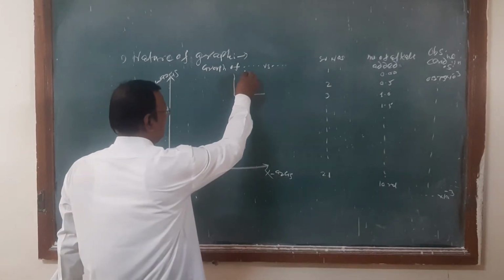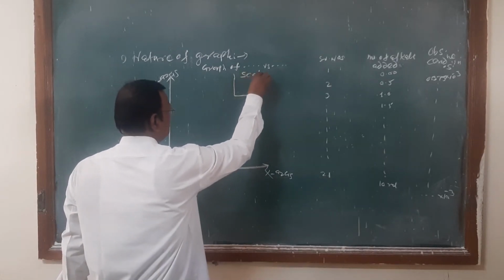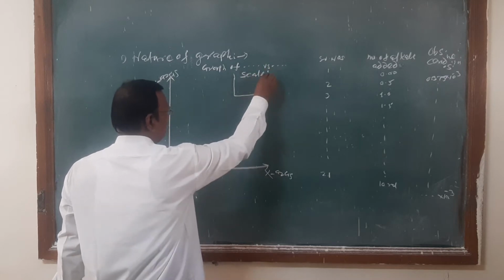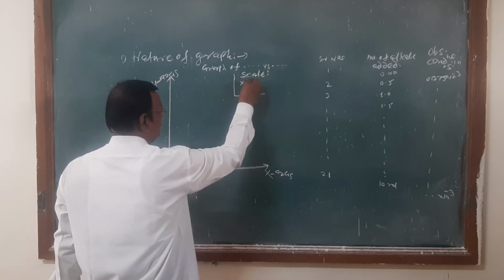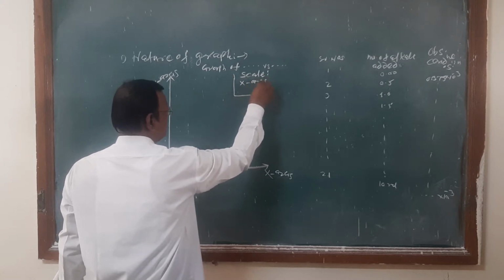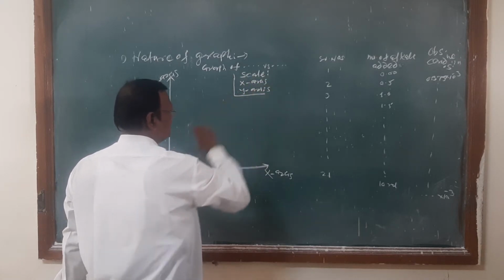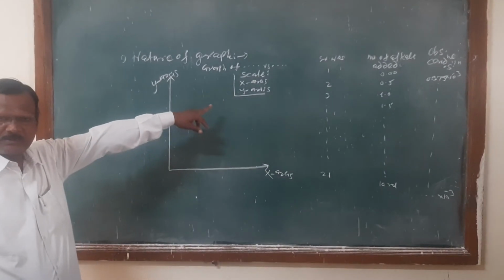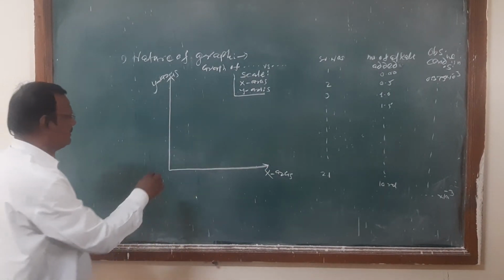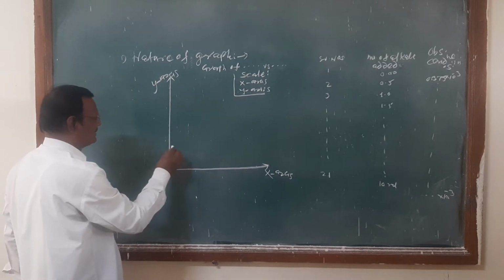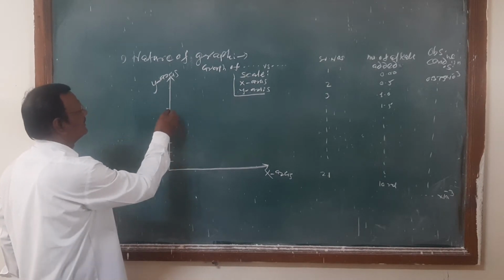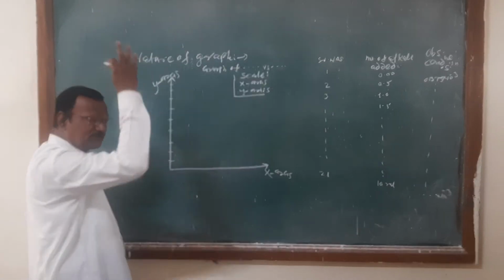That is the scale. We have to write the scale on the x-axis and the y-axis. On the x-axis, this is our particular scale: first, second, third, fourth, fifth, sixth, seventh, eighth, ninth, 10 and so on.